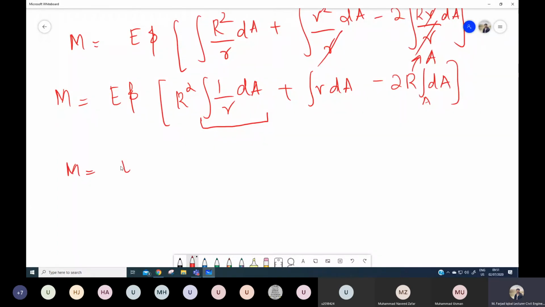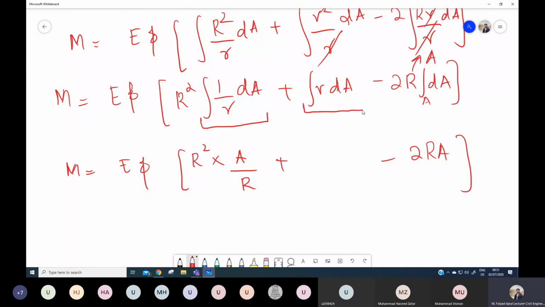So M is equal to E phi into r square multiplied by capital A over r plus, and this integral will be minus 2 r into area. So can anyone tell what is this integral? Can you think of something?